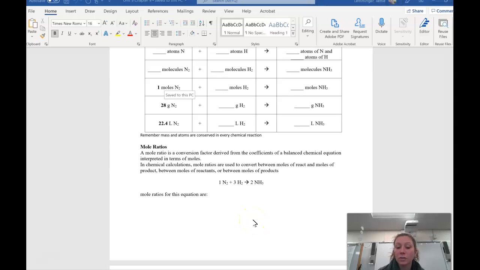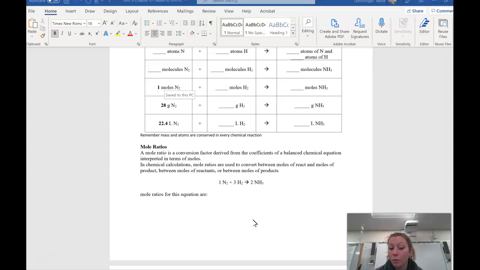In addition to the 3 mole conversions that we already had: 1 mole of a gas is 22.4 liters at STP, 1 mole of a substance contains 6.02 times 10 to the 23rd particles, and 1 mole of a substance weighs the gram molar mass from the periodic table.